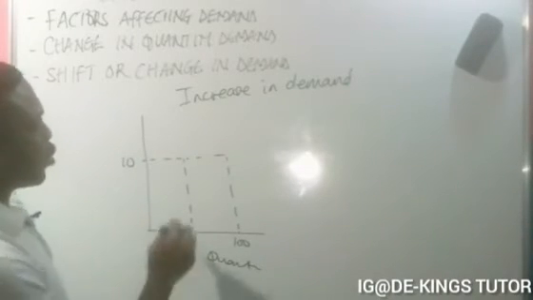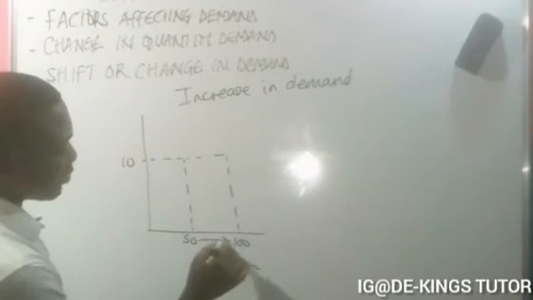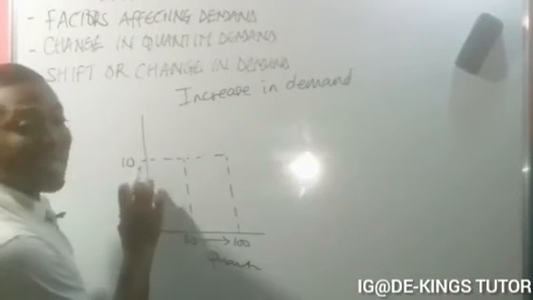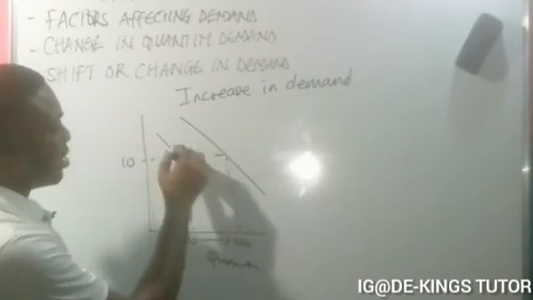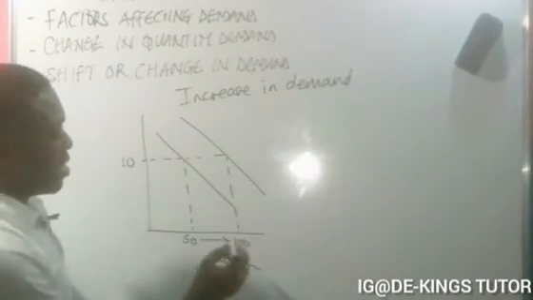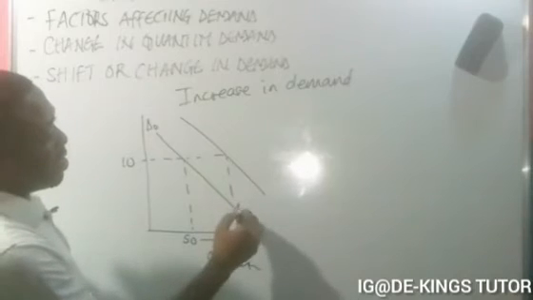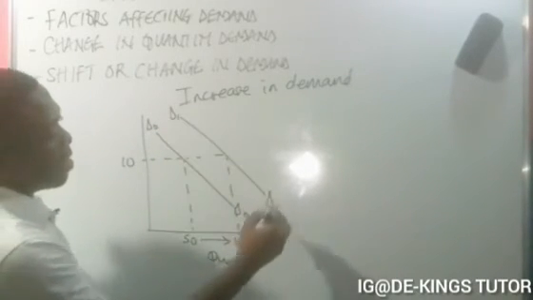Okay, so now look up at this point now. This increase in demand, it means at that same old price, now this is the first demand. That's D0. This is the new one, D1.